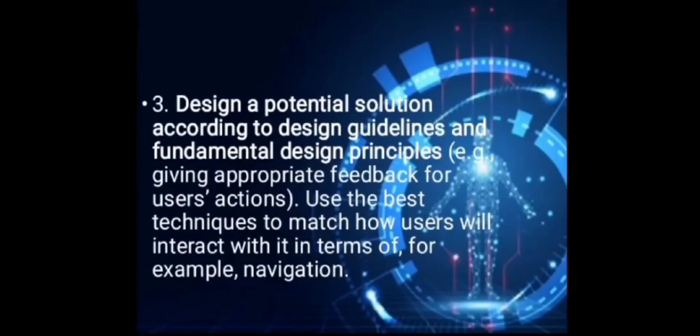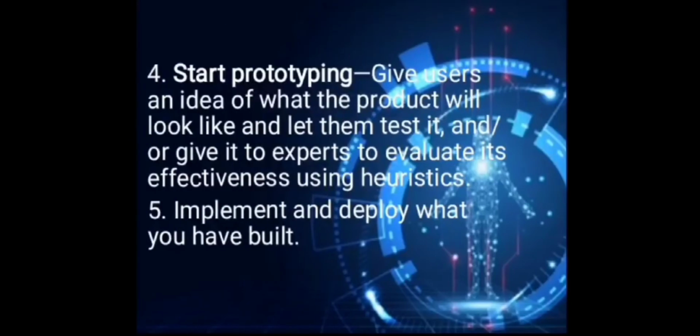Third is to design a potential solution according to design guidelines and fundamental design principles, giving appropriate feedback for users' actions. Use the best technique to match how users will interact with it in terms of, for example, navigation.